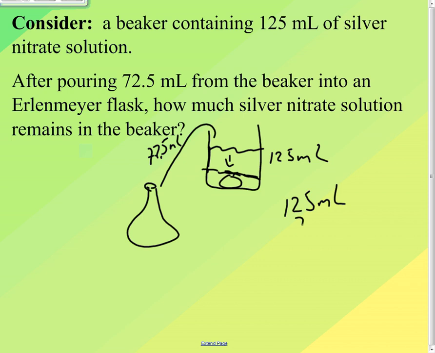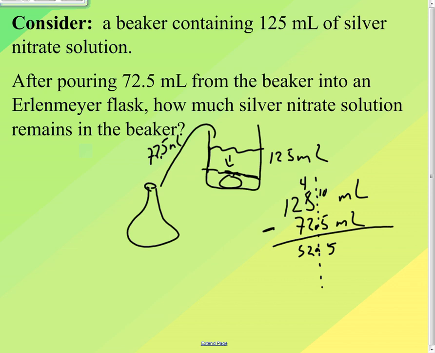I have 125 milliliters. After pouring 72.5 milliliters out, let's line this up. Subtract. How much do I have left? I'm going to draw my line. Remember, that's where my decimal point is. So let's put my decimal point here. That has to become 4, 10, 5, 2, 5, right? 52.5.